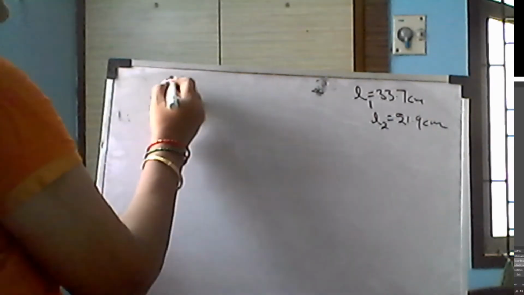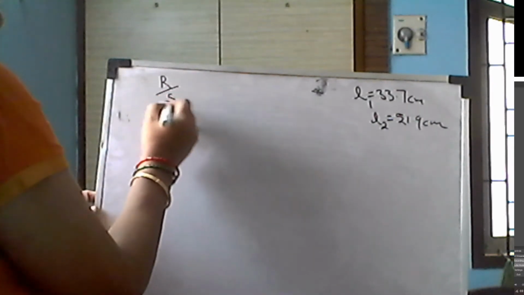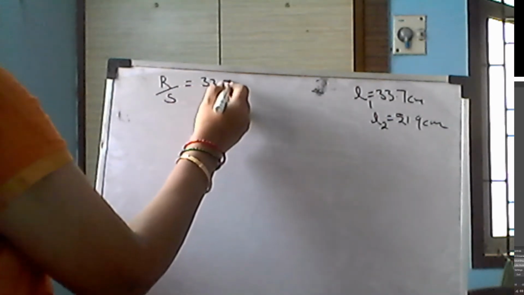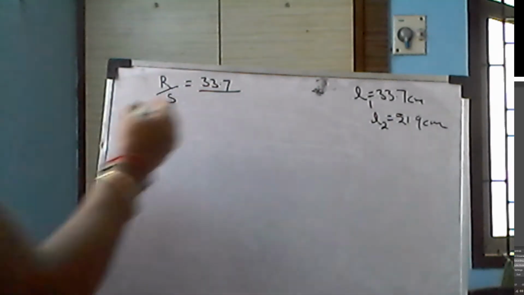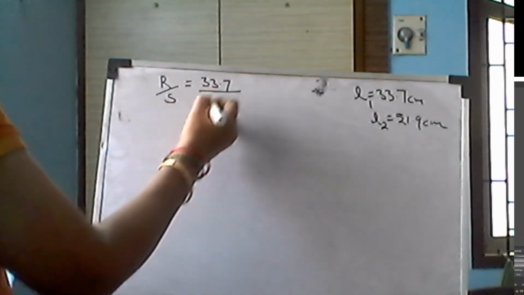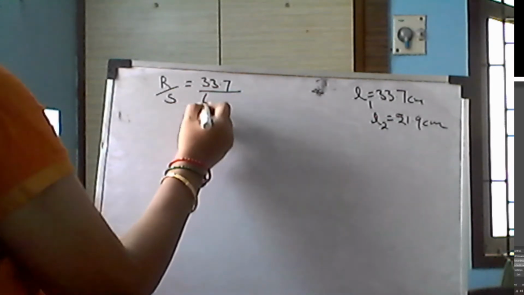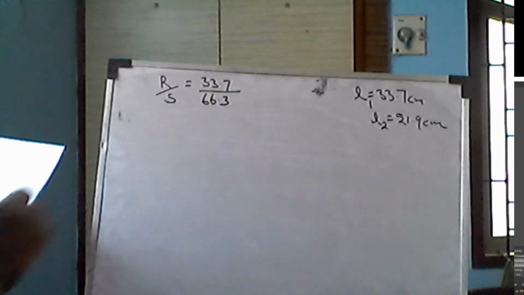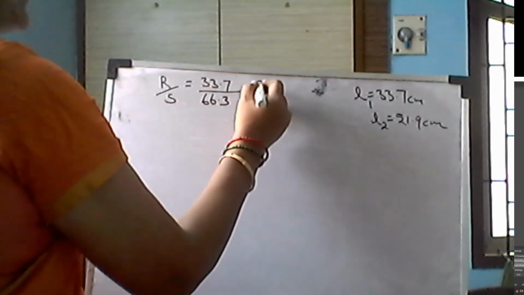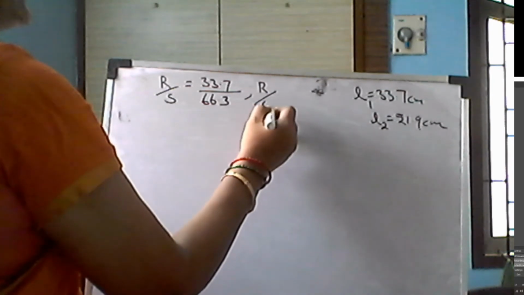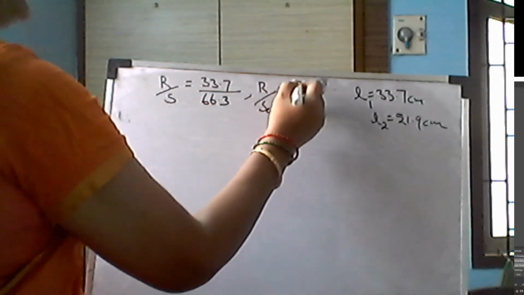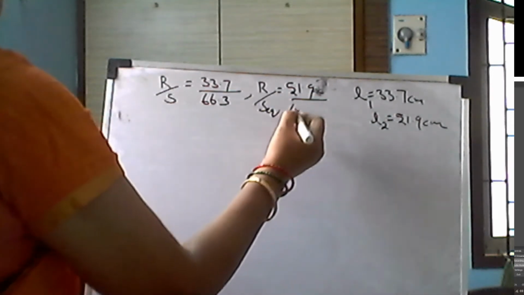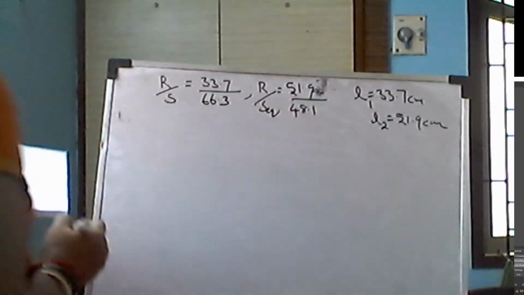Now in the first case, R divided by S is equal to L1, 33.7, divided by 100 minus 33.7, that is 66.3. Similarly, in the next case, R divided by S equivalent is equal to 51.9 divided by 100 minus 51.9, that is 48.1.